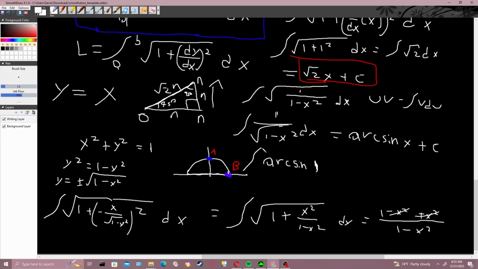This would be from 0 to 1. So it would be arc sine 1 minus arc sine 0 equals pi over 2. So what I meant to solve for was our arc length. I was trying to have the arc lengths equal each other, and it would be funny. But I'm stupid and illiterate, as the video will say, and I accidentally solved for our degree angle, which is pi over 2.